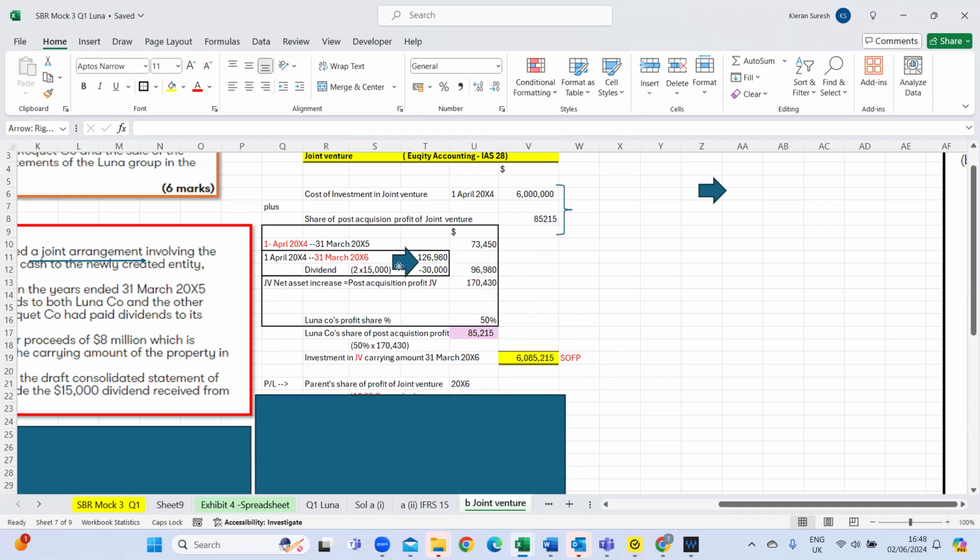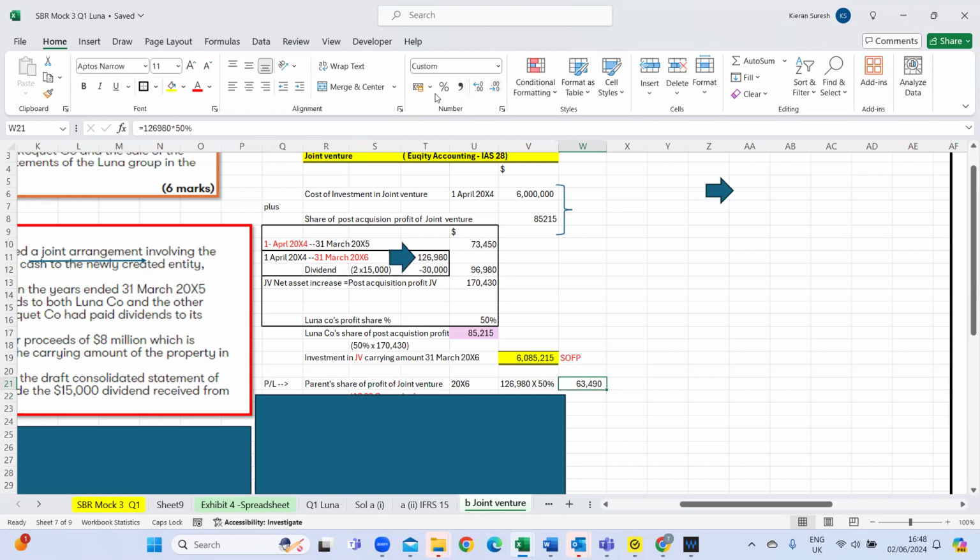The profit the joint venture made for the current period is 126,980, and out of which we would take our 50%. And this is the figure that would appear in the profit and loss account in the current period, right?